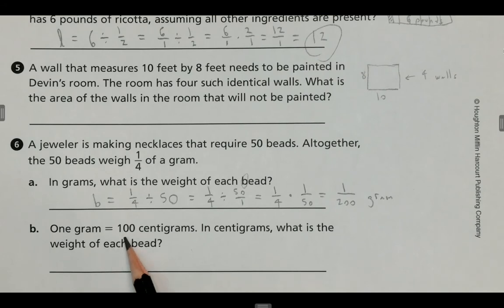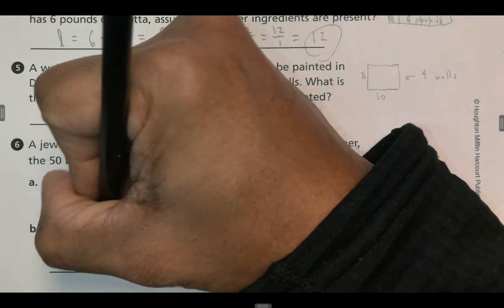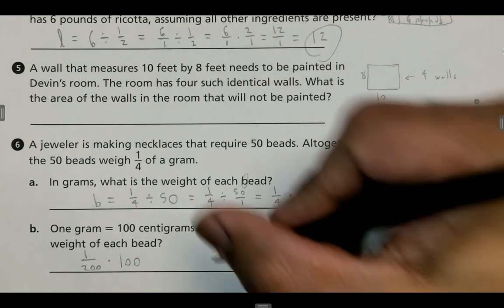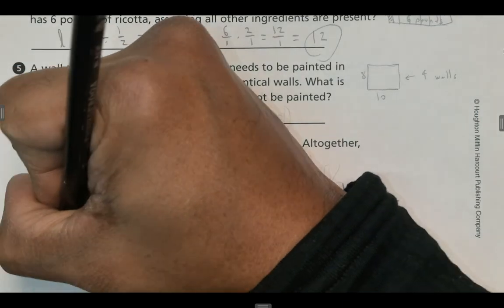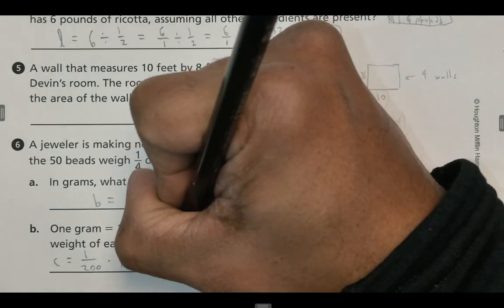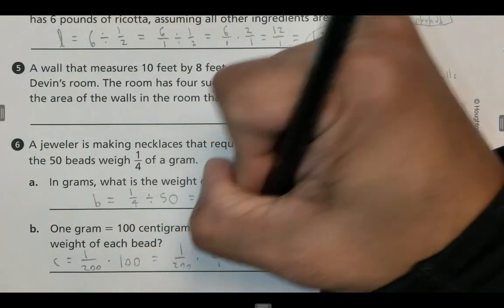Now, 1 gram equals 100 centigrams. In centigrams, what is the weight of each bead? Okay, well, the weight of each bead in grams is 1/200th of a gram. 1 gram is 100 centigrams. So I got 1/200 times 100. And now let's call this C. 1/200 times 100/1.